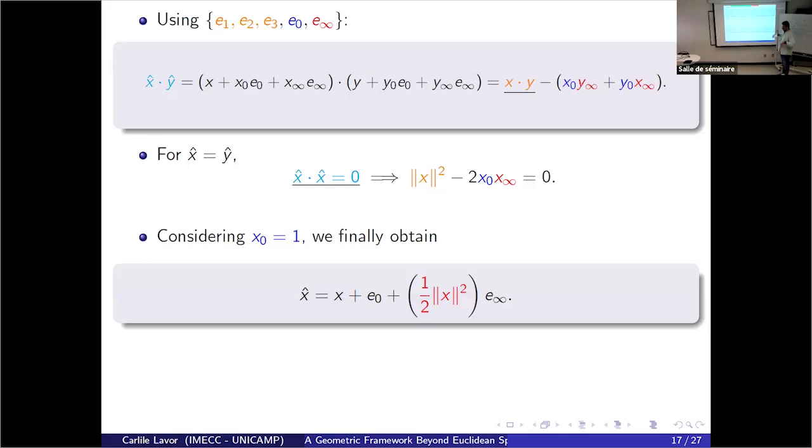You have a lot of freedom in mathematics. But since we are trying to generalize the homogeneous coordinates in the homogeneous space, and since in the homogeneous space this is one, I assume this is one. Okay.